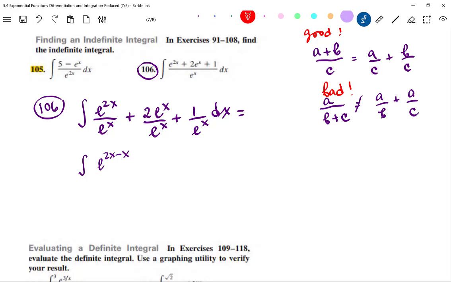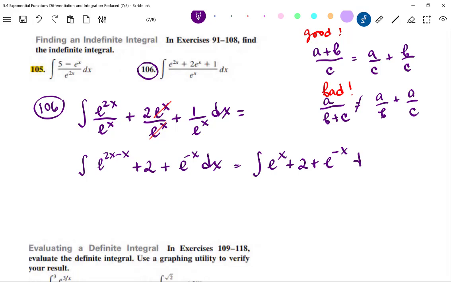Here we have to cancel those, that's just a 2, and the last one would be e power by negative x dx. So let's rewrite it finally: e to the x plus 2 plus e to the negative x dx.